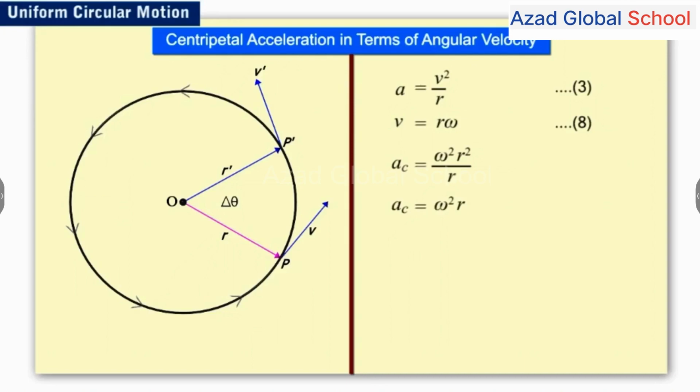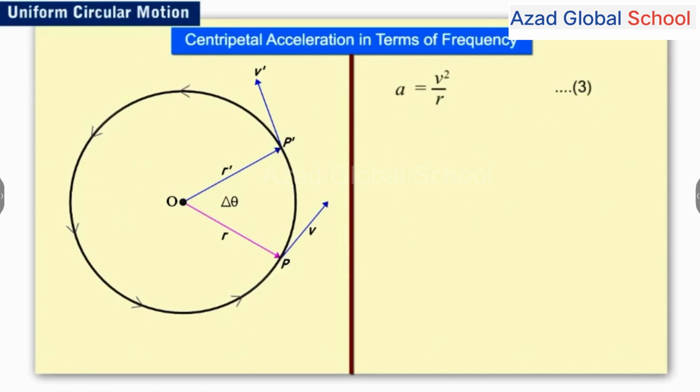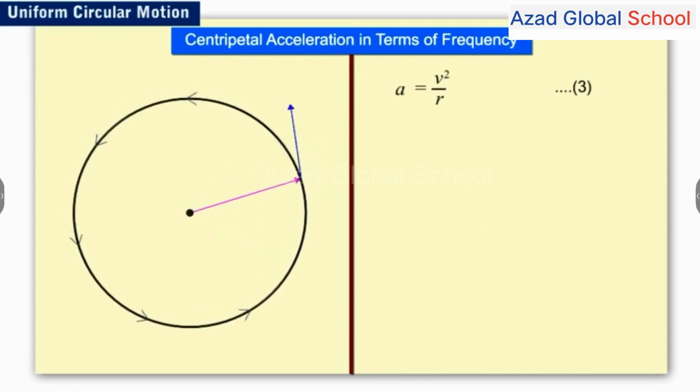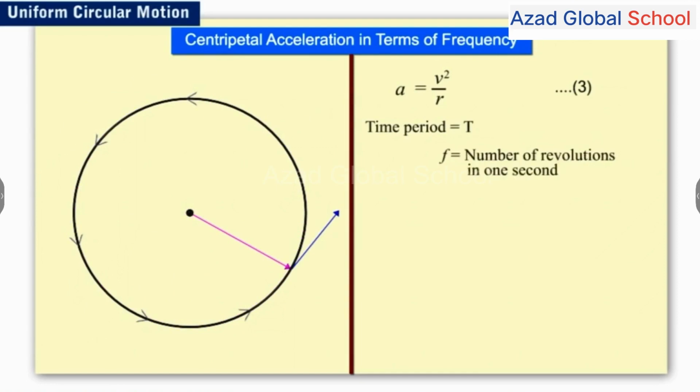Now, let us find the centripetal acceleration in terms of frequency. Time taken to make one revolution, that is, time period is T. Frequency f is the number of revolutions in 1 second. Therefore, f is equal to 1 by T. Distance moved by the body in one revolution is equal to 2 pi r.